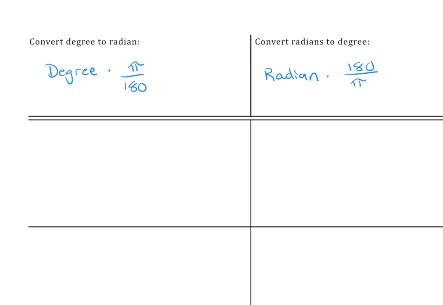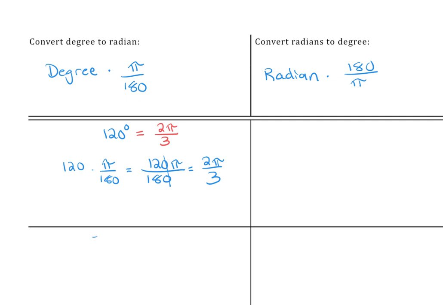So some real quick examples: 120 degrees, 120 times pi over 180, or 120 pi over 180, and then you can simplify and divide both of those by 6, so you'll have 2 pi over 3. So that means on a circle, 120 degrees is equivalent to 2 pi over 3 radians.